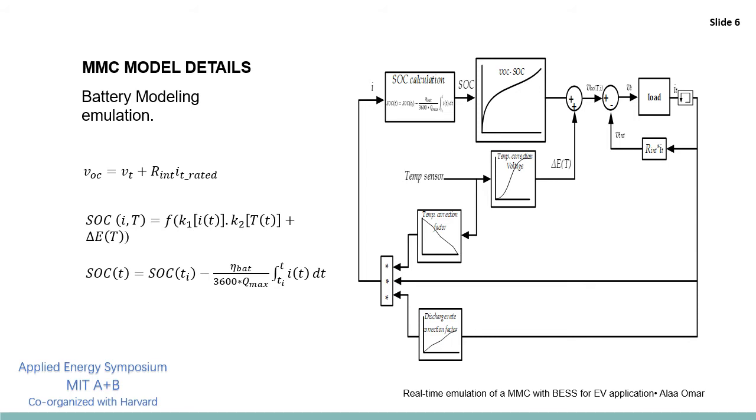The temperature actually affects the operation and the performance of the battery, because temperatures below 0 Celsius will degrade the battery and will increase the battery internal resistance. This will lead to a decrease in the terminal voltage of the battery.